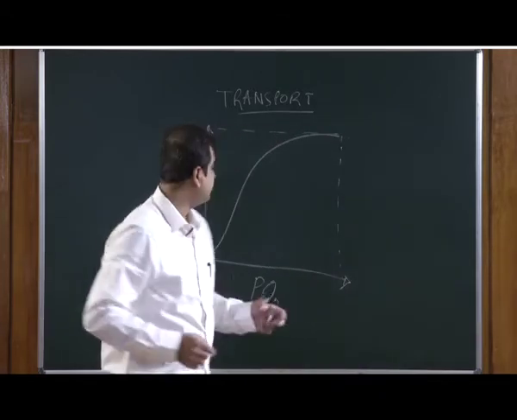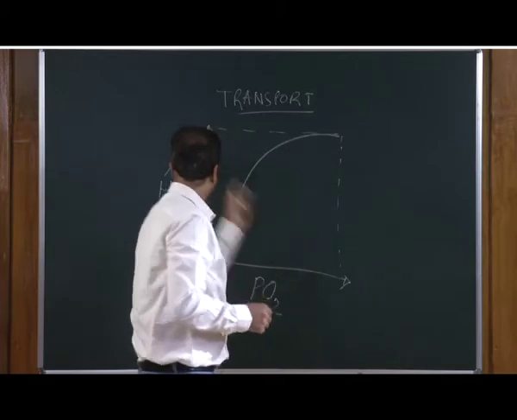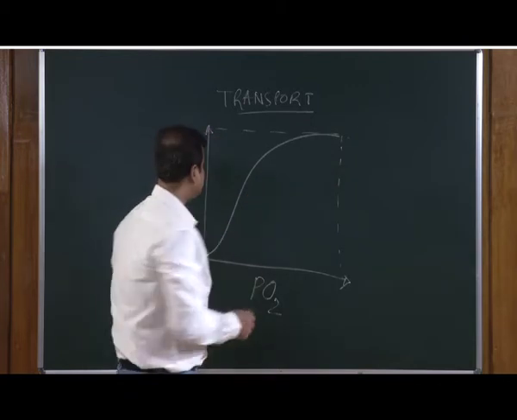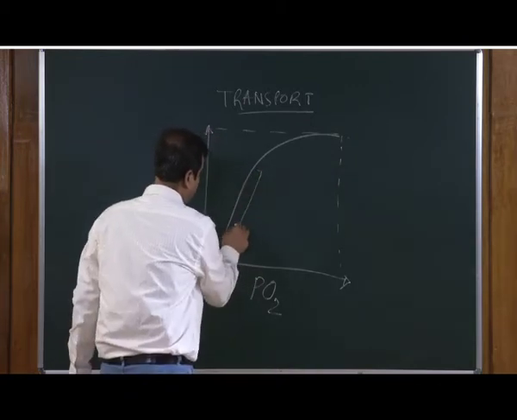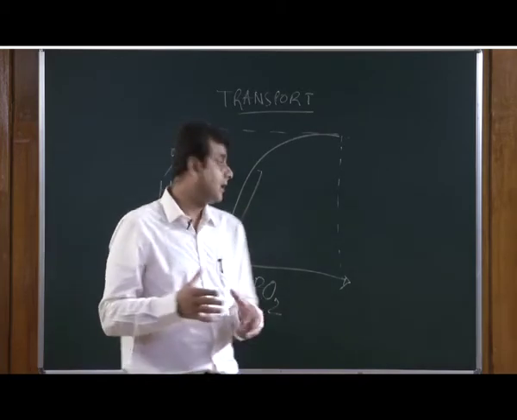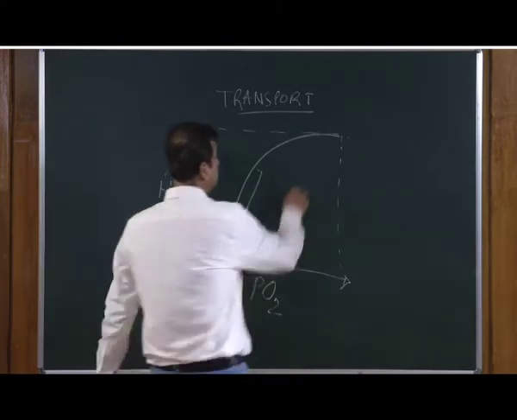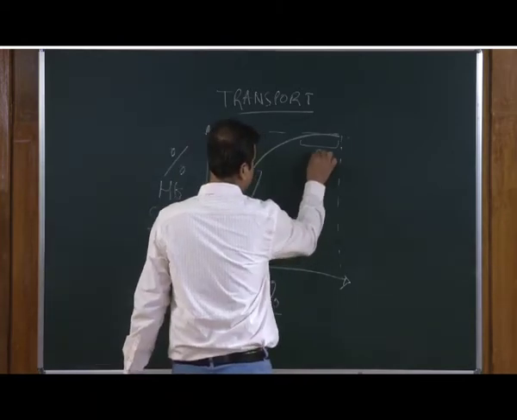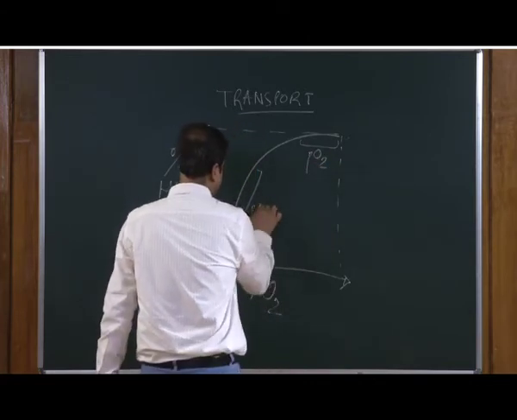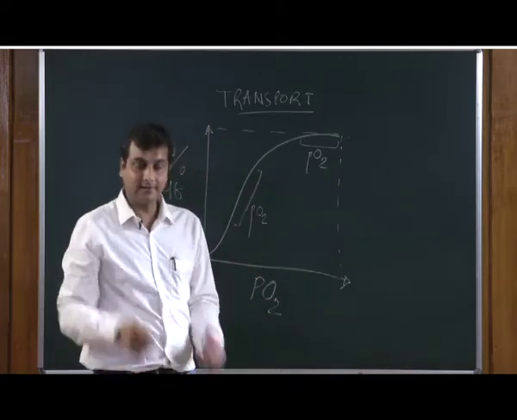Now, this partial pressure of O2 is dominating at the high saturation point, and when the partial pressure of CO2 is very high, the percent saturation of hemoglobin is less. So, here we can nicely say that the partial pressure of oxygen is very high, and here the partial pressure of oxygen is not that high, so the CO2 concentration is a little high.